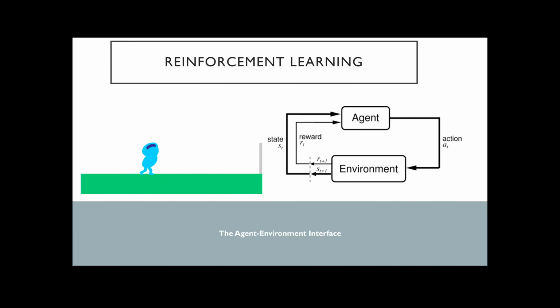In reinforcement learning, you have an agent that can be a human or a robot that is taking some action in some environment. Now, this environment could be a simulated environment or a real world environment. And after taking an action A, it finds itself in a state called S T plus 1, and it gets a reward from the environment called R T plus 1.